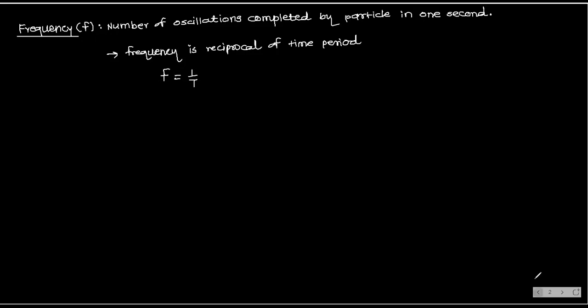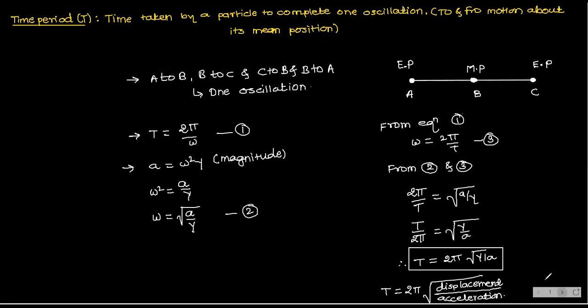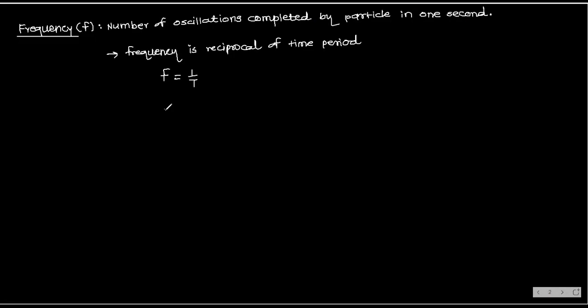Here it is, 2 pi under root y by a. Now 1 by T we want. So F is equal to, what we will get? 1 by 2 pi under root of a by y. Right? 1 by 2 pi under root a by y. This is what the frequency is.